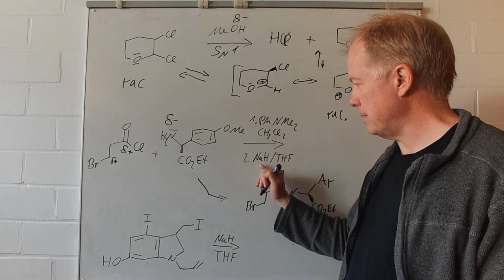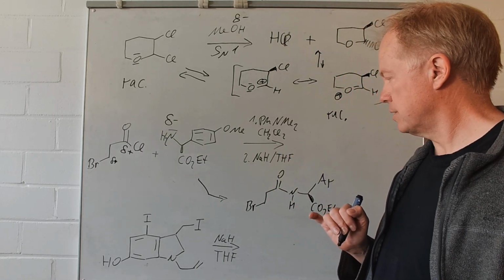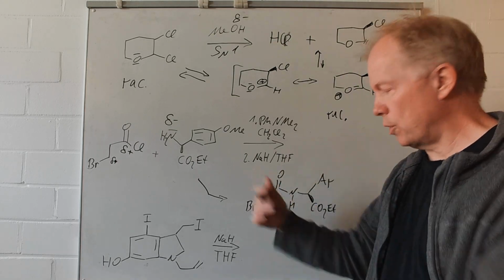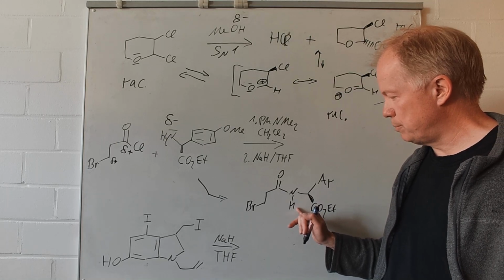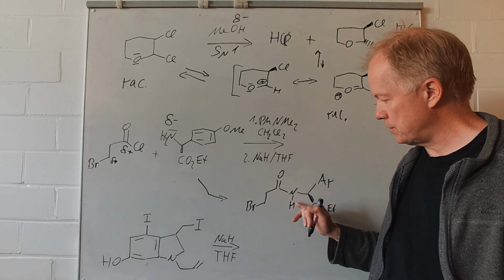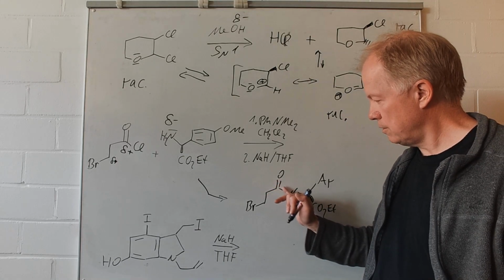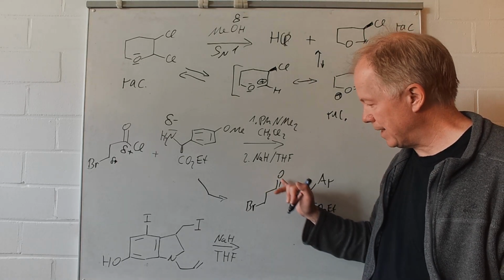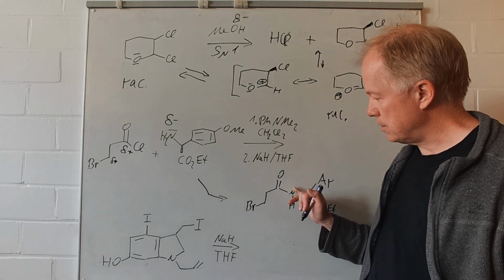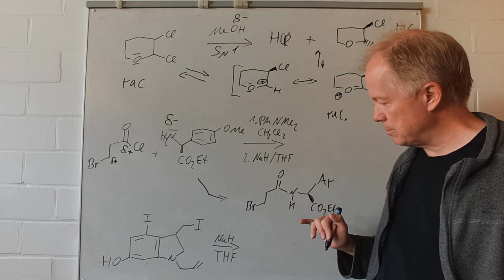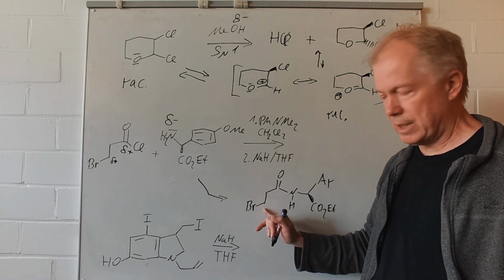In the second step, we need a somewhat more basic, somewhat stronger base. Sodium hydride is very well able to deprotonate the carboxylic acid amide. Then we have here the somewhat stabilized nucleophile, stabilized by mesomeric interaction with the carbonyl group, and in close proximity with bromide.